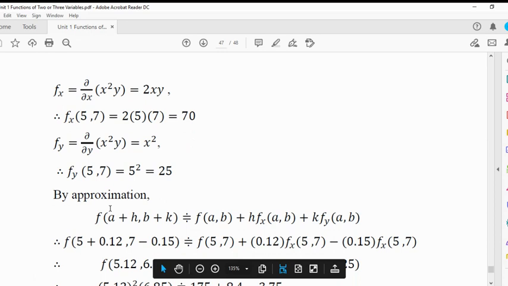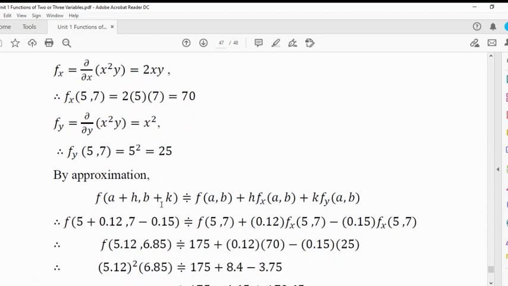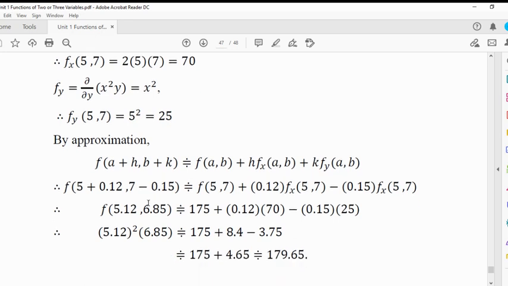Now we know that by differentials, f of a plus h, b plus k is approximately equal to f of a b plus h into f x a b plus k into f y a b. So put these values: a plus h is nothing but 5.12, b plus k is nothing but 6.85. So f of 5.12, 6.85 is nothing but f of 5, 7 plus h, which is 0.12, times f x of 5, 7, plus k, which is minus 0.15, times f y of 5, 7.